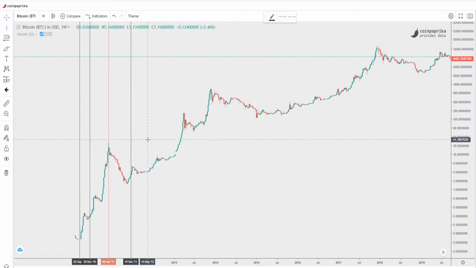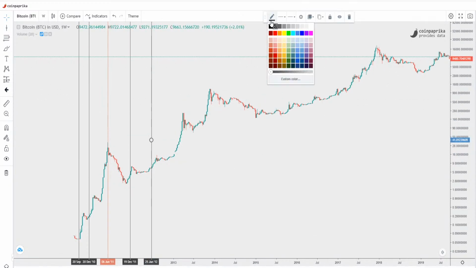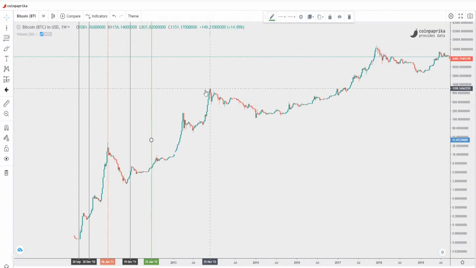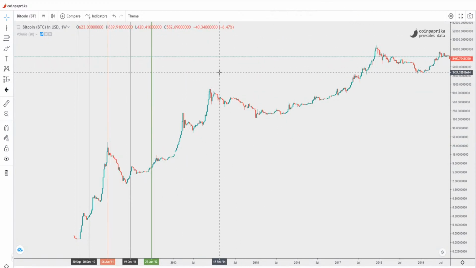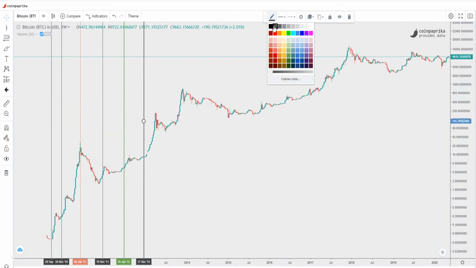So we have one here for June, for the summer pivot. Let's go, black again, September, December. Okay, winter pivot.